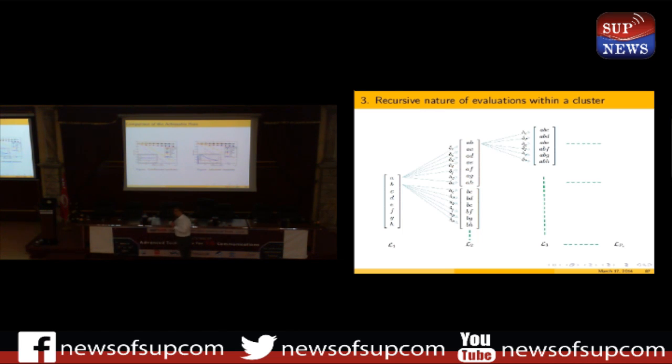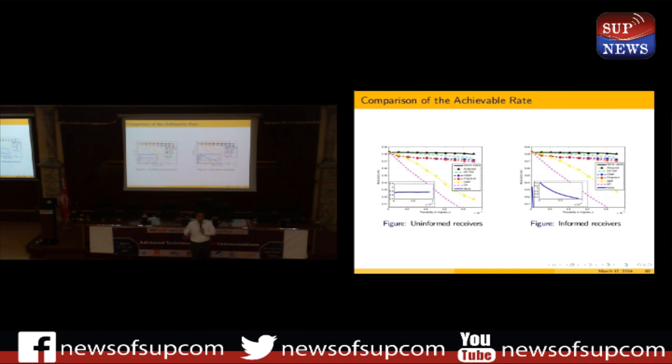So let's go back to our impulsive noise example. In the impulse noise example, this is the probability of impulse, and this is the rate. This is the performance when I know the locations of the impulses exactly. And this is the performance of compressed sensing, L1, refined compressed sensing. I do compressed sensing, and then I do statistical refinement.